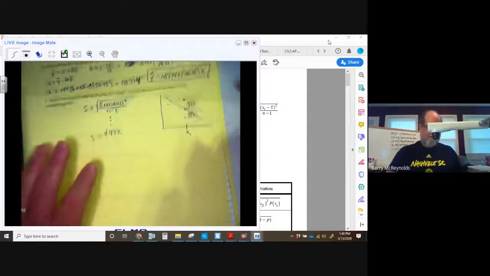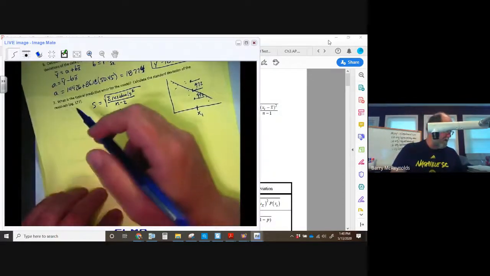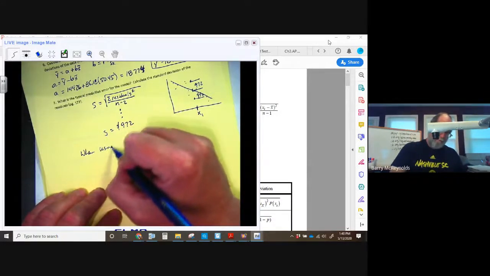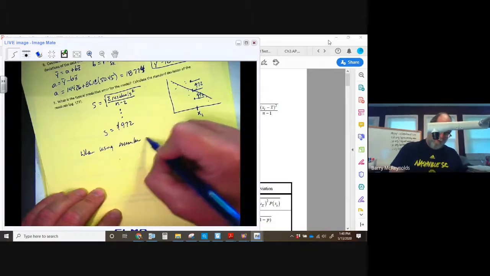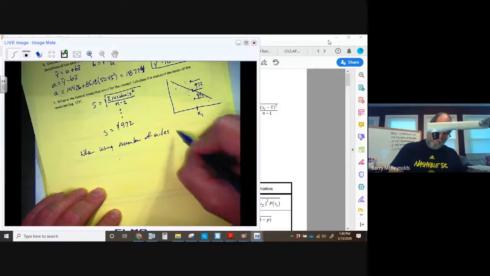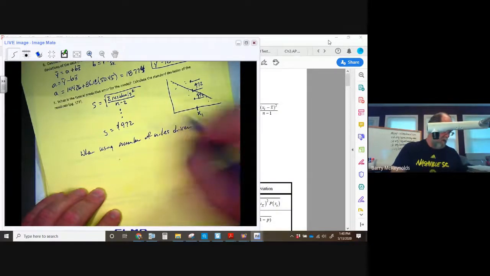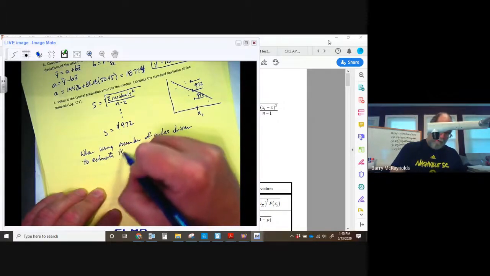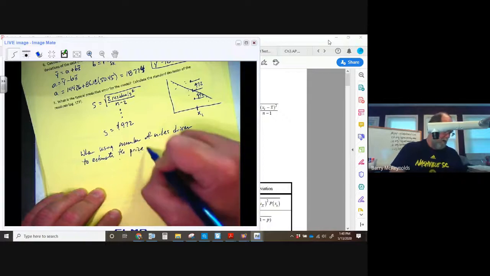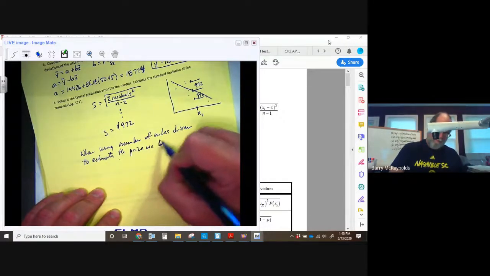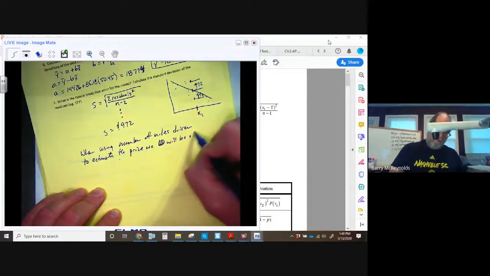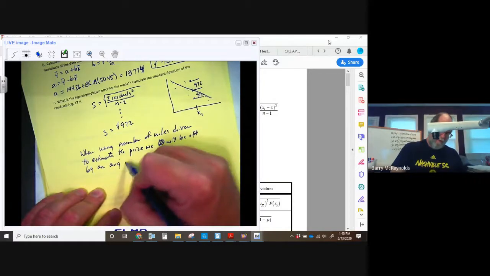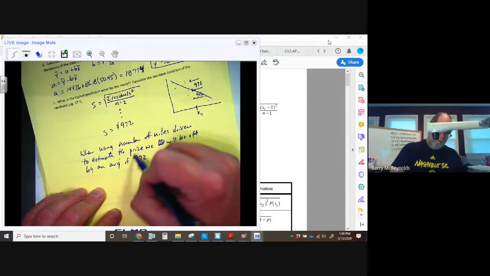So formally, what this means, let me just go ahead and write it, and you'll see this when I send you my solution. When using number of miles driven to estimate the price, we will be off by an average of $972.